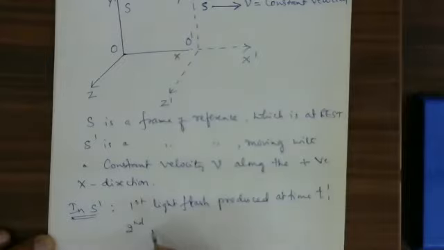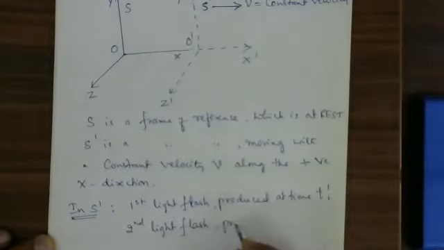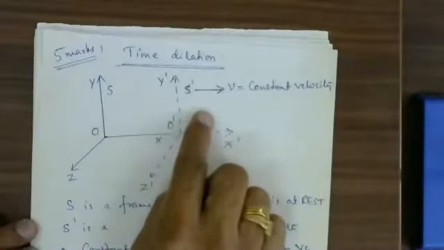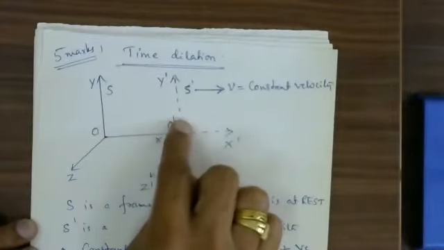Second light flash produced at time T2 dash. So again, go back to the concept here. These are the 2 frames of reference.